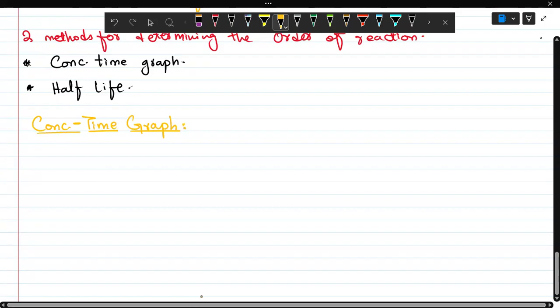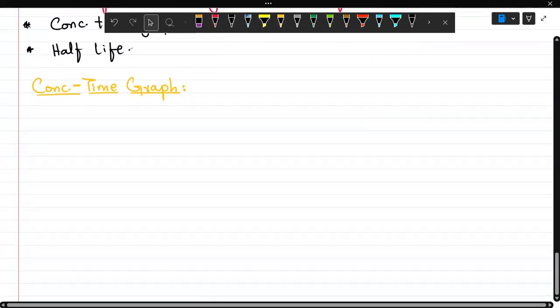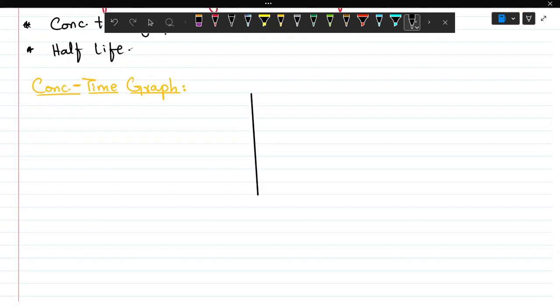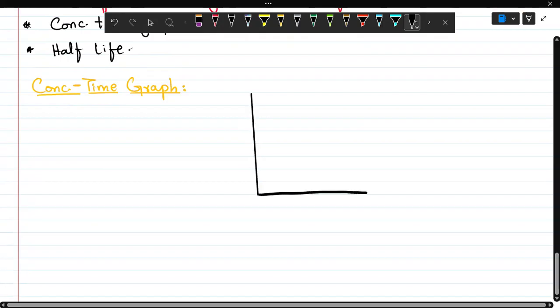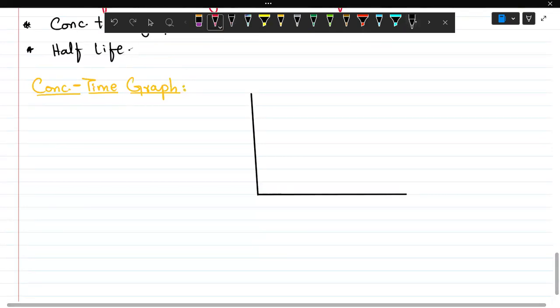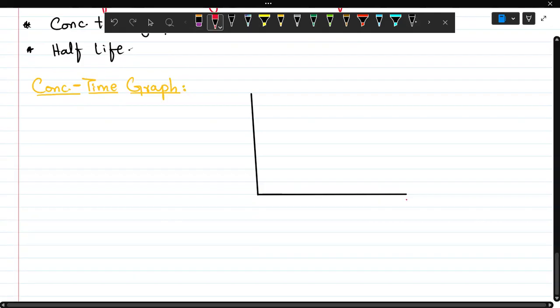Okay, so that is the concentration time graph. On the x-axis we will have the time, and then we will have the concentration here.